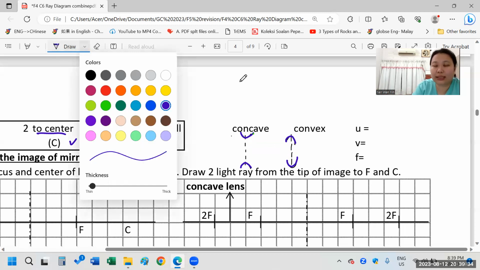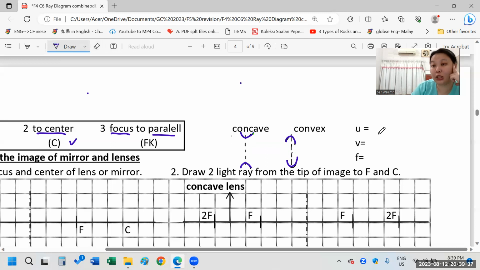Now we need to know what is u. u means object distance. Then what is v? v means image distance. And f is focal length.